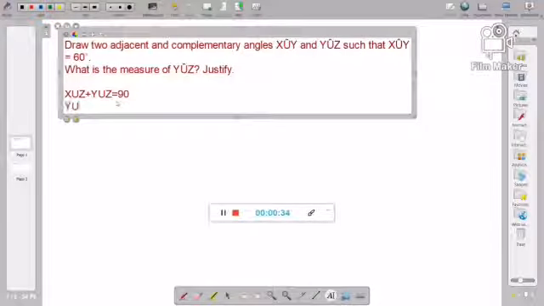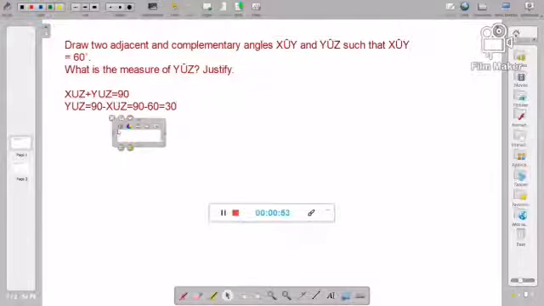So to calculate YUZ, I just write YUZ equals 90 minus XUY. And I know that XUY is 60, so this is 90 minus 60, which is equal to 30.